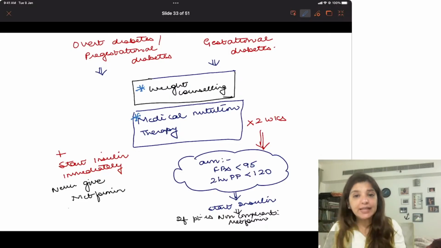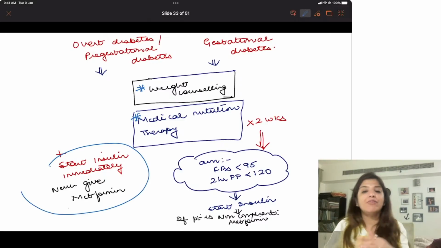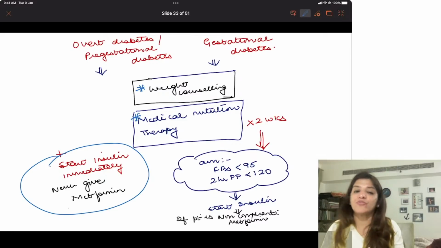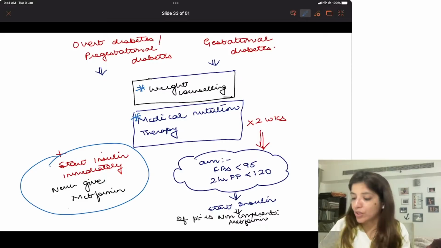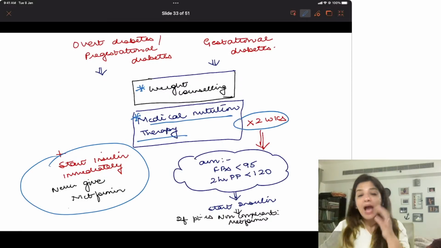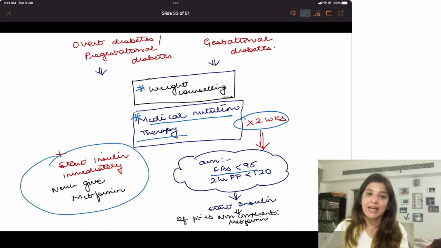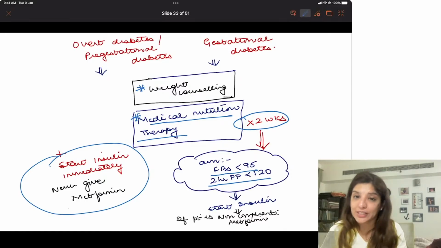Right? Now, in case of overt diabetes, along with medical nutrition therapy, I will immediately start insulin. Right? But in case of gestational diabetes, I'm going to give just diet modification, that is MNT, for 2 weeks, and I'm going to aim that her fasting blood sugar should be less than 95 and her 2-hour PP value should be less than 120.